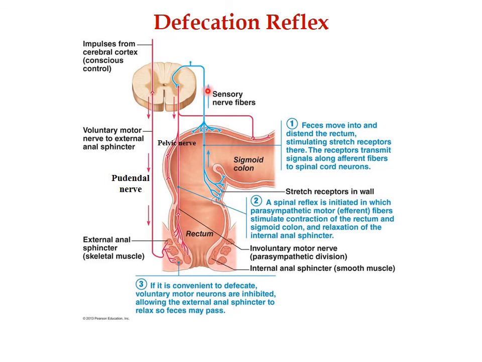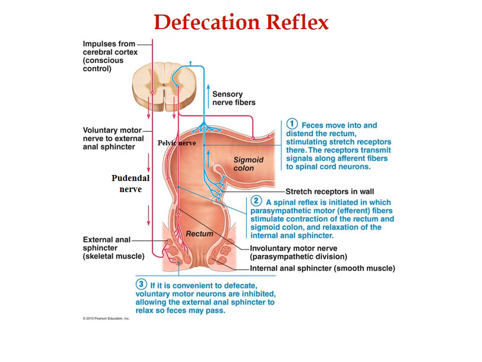Afferent information is taken through these afferent nerves, then through the pelvic nerve it comes, and then contractions take place. Contraction of the rectum and sigmoid colon will take place at the same time, with relaxation of the internal anal sphincter, which is the smooth muscle.